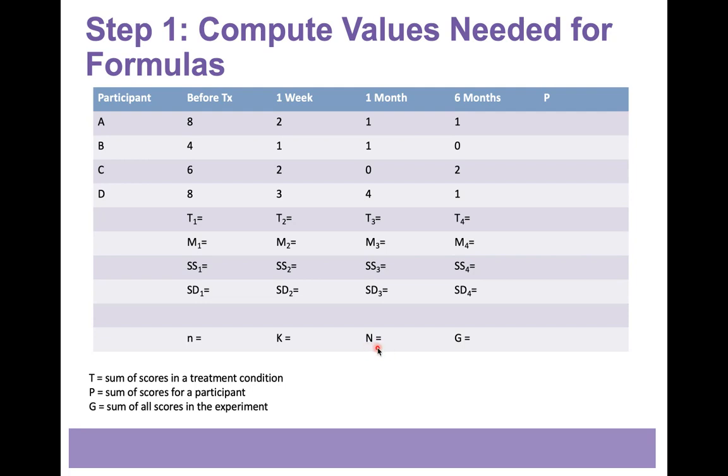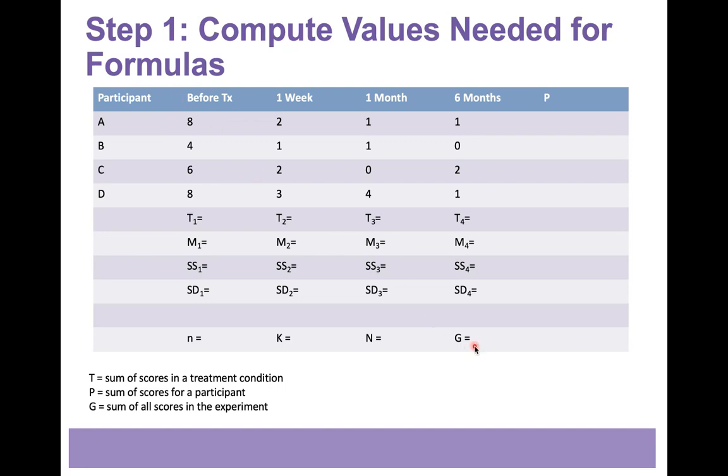Big N is the total number of data points. So in this case, I have 4 participants, each providing 4 data points. So big N is 16. And then G is the sum of all my data points.